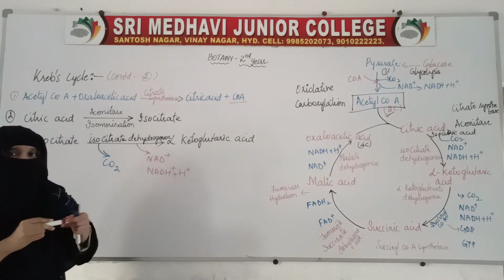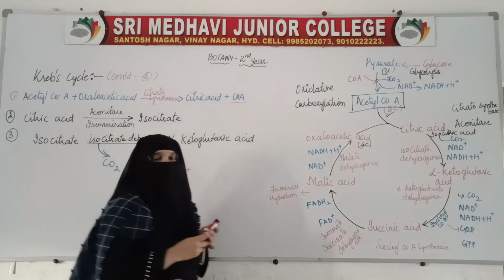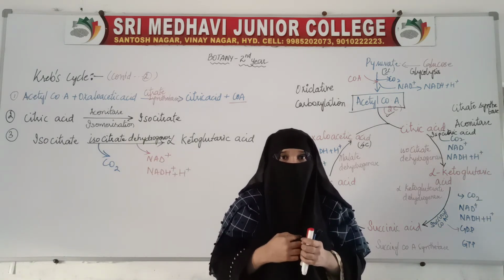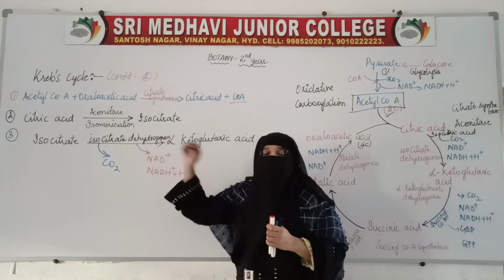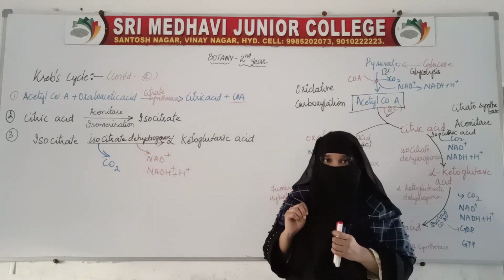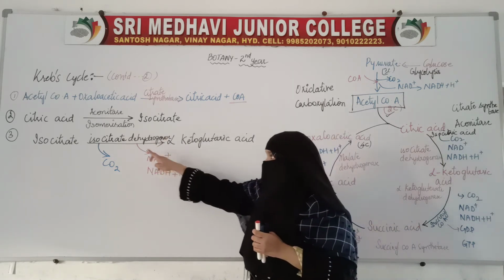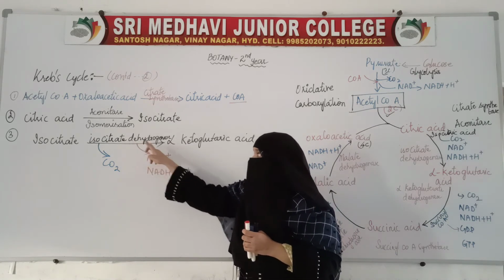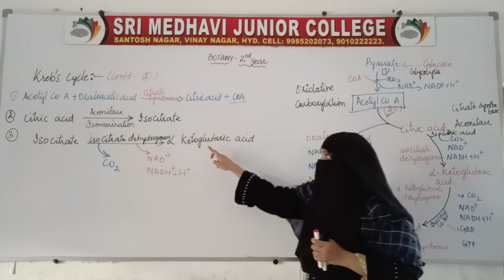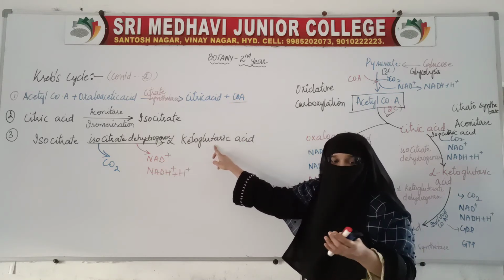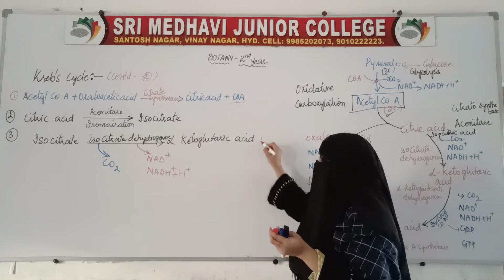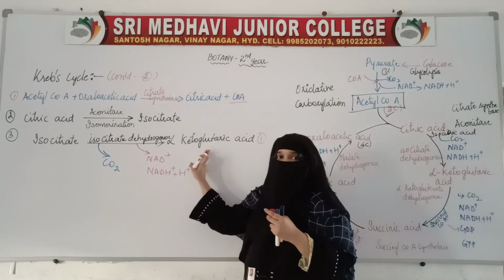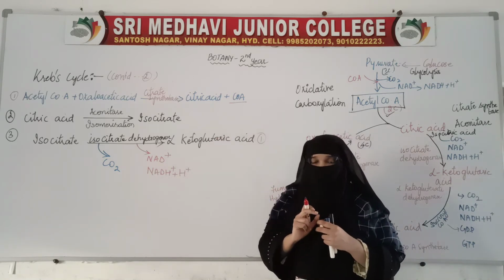During this reaction, three things are taking place. The first thing is that isocitric acid or isocitrate, with the help of the enzyme isocitrate dehydrogenase, is changing into alpha ketoglutarate. This is the first thing which is happening. When this is formed, two more things are taking place.